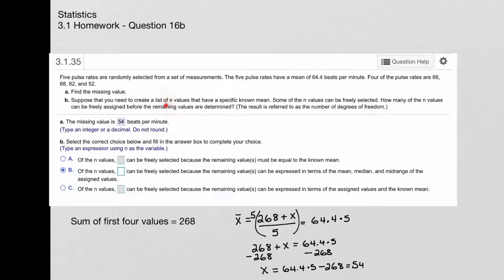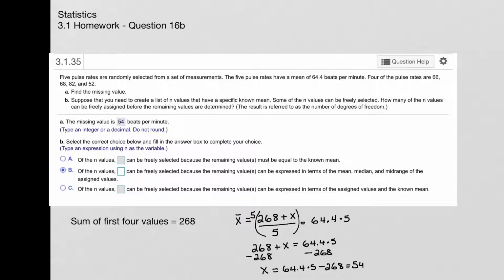So if I know how many values there are, I know what the mean is, then how many of the n values can be freely selected, and how many of the n values would be determined by the rest of the n values.